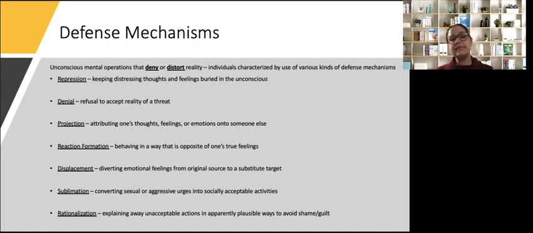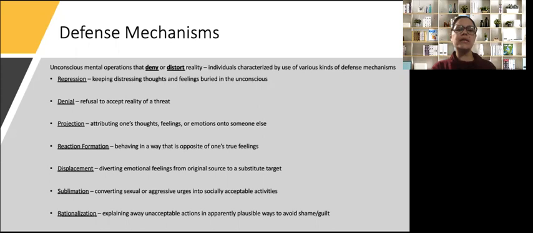Now, like I said before, Freud is arguing that these are things you engage in unconsciously. So there's this constant conflict between the unconscious, the preconscious, and your conscious. And you might not be aware of all these conflicts, but you are engaging in these defense mechanisms to balance things out. Okay. You can go through each of these on your own. They're pretty straightforward. They talk about them in the book, and it might get a little repetitive listening to me go through each and every one of them.